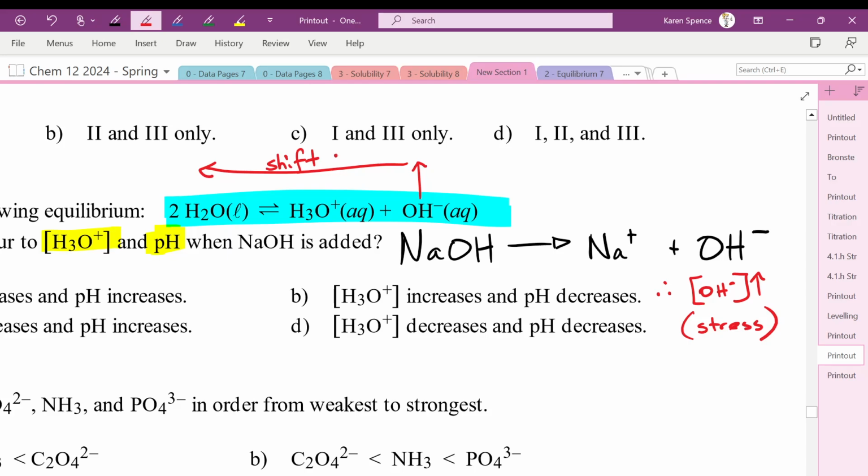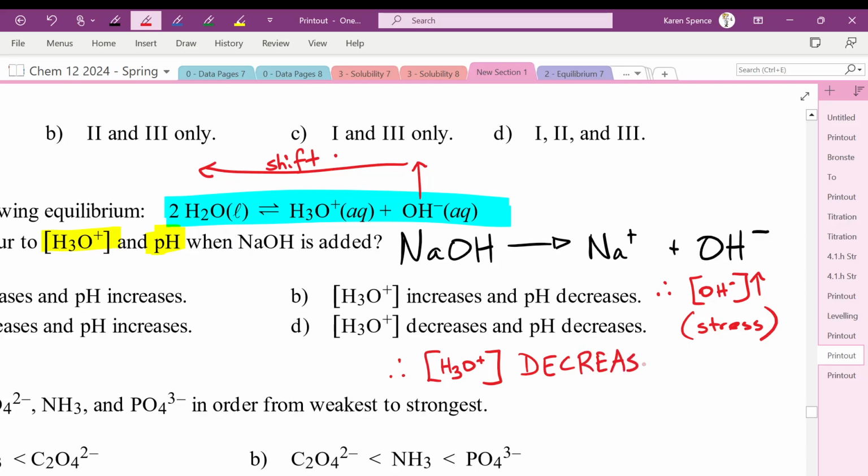So what is going to happen to the concentration of H3O plus? If we're shifting left, is that an N or a D? D. Sorry, I wasn't able to hear you guys.